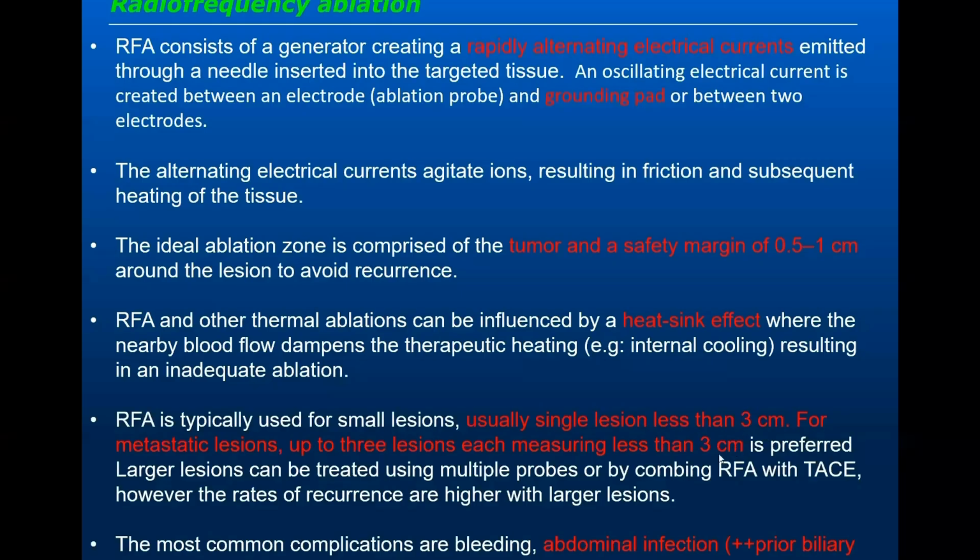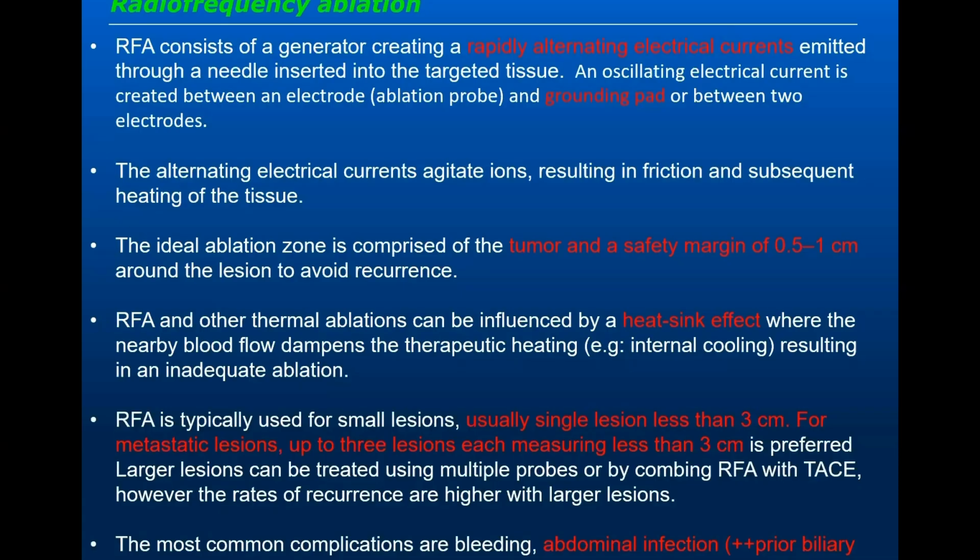So why are we limited to this? Because the way it works is you create heat around the needle, and then this heat starts to dissipate in the tissues. So there is a limit for how far the heating can go. And most of the research has shown that it is 3 centimeters. So if you have 4 centimeters, then probably you have 1 centimeter that may not be covered.